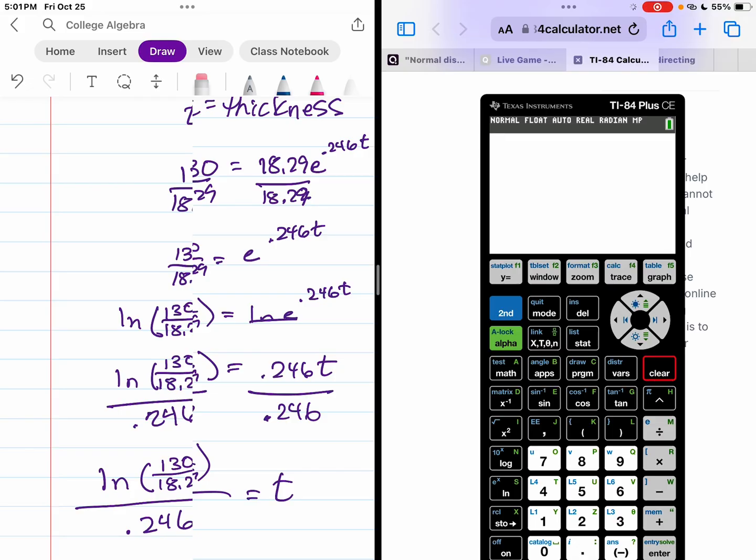So ln, alpha y equals to get a fraction. On top, I want 130. On the bottom, I want 18.29. Arrow to the side. Let's close it and hit enter. I'm going to take that decimal and divide it by 0.246 and hit enter.